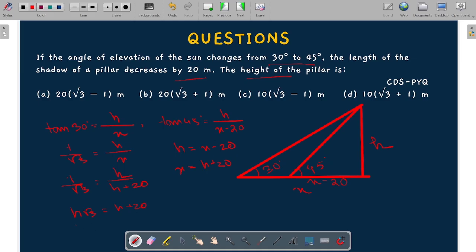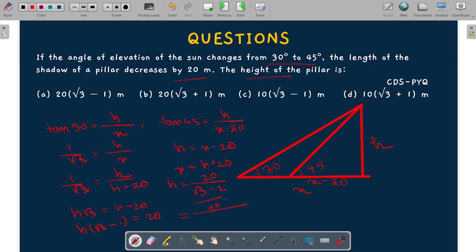So we take h in common, and 1 equals 20. h equals 20 by root 3 minus 1. Further, we will do the multiplication in both numerator and denominator. Now we will multiply by root 3 plus 1 in both numerator and denominator.